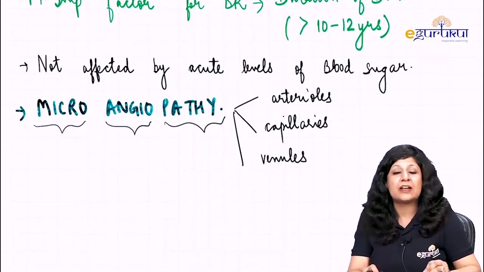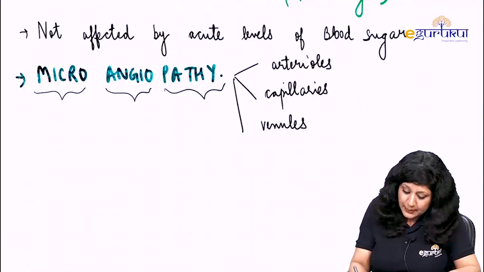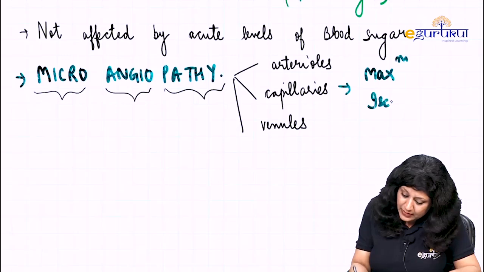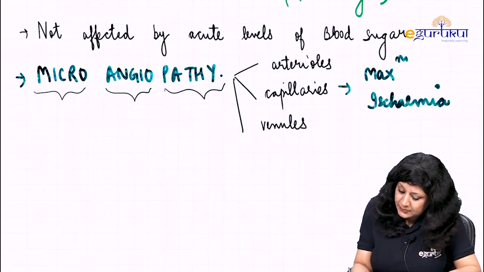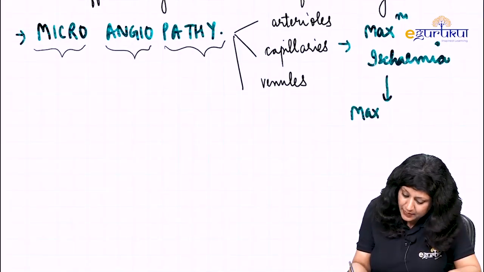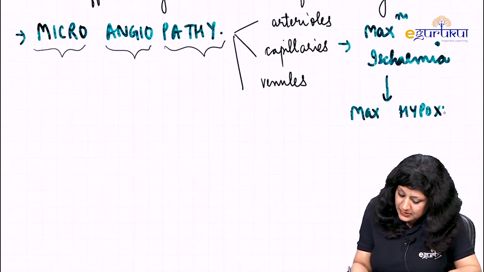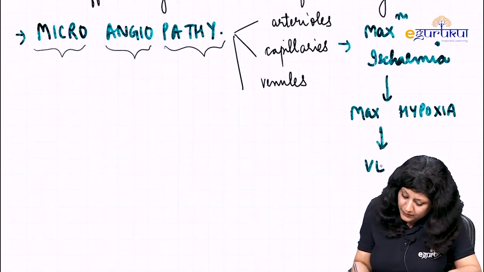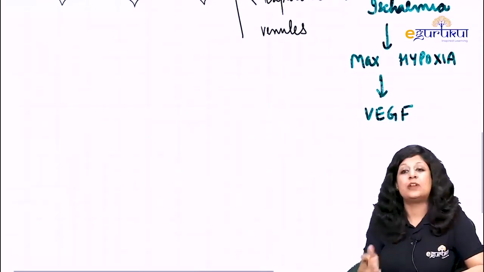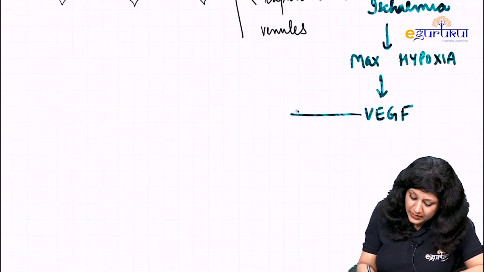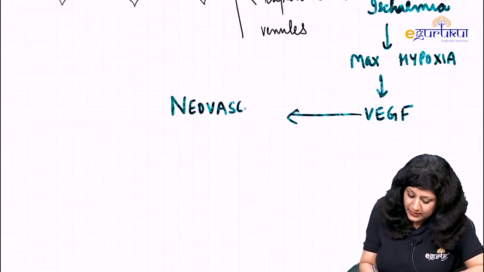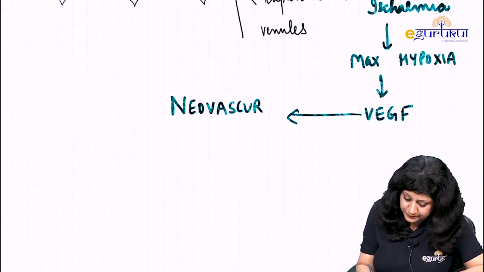That is why it leads to maximum ischemia. Because we have maximum ischemia, this will lead to maximum hypoxia, and maximum hypoxia will lead to the release of vascular endothelial growth factor, which will lead to angiogenesis, that is neovascularization.